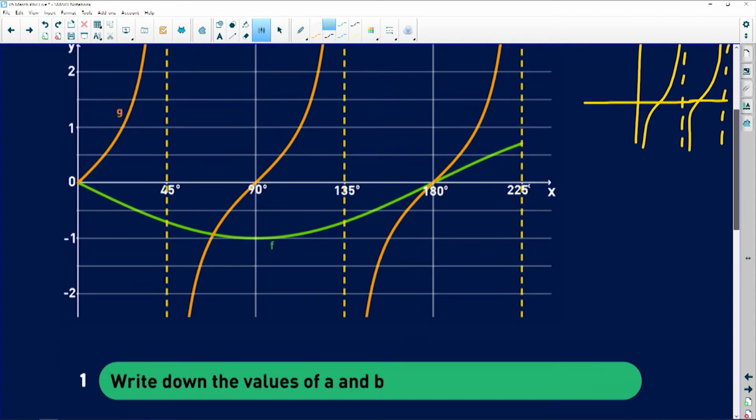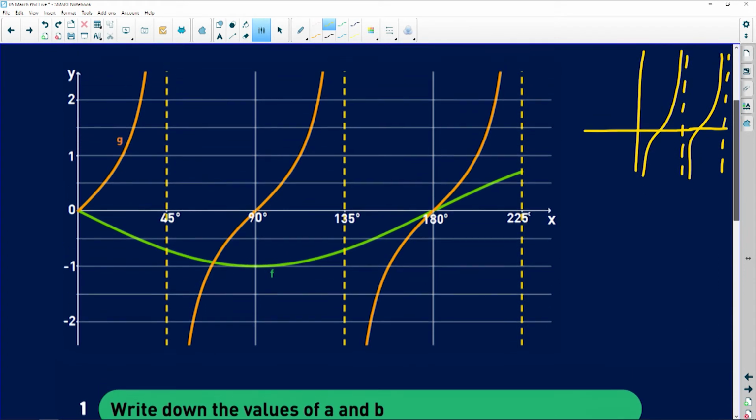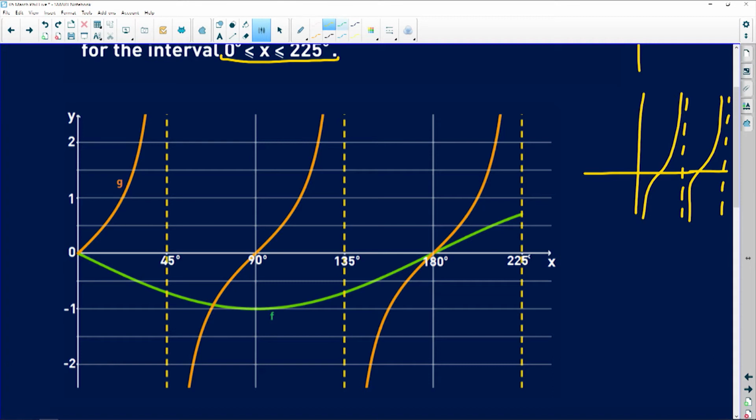So question 1, write down the values of a and b. So firstly, our sine graph is given to us by the green curve. We know that the sine graph is supposed to start at 0, 0. At 90, it is supposed to be 1. So we know that our sine graph is supposed to look like this. Cuts the x-axis again at 180.